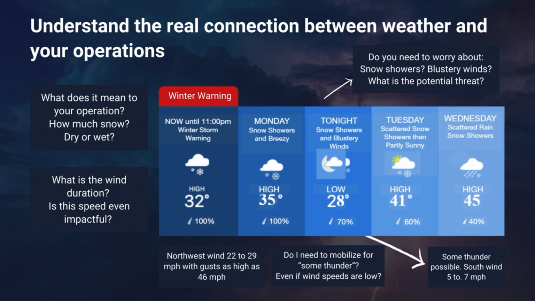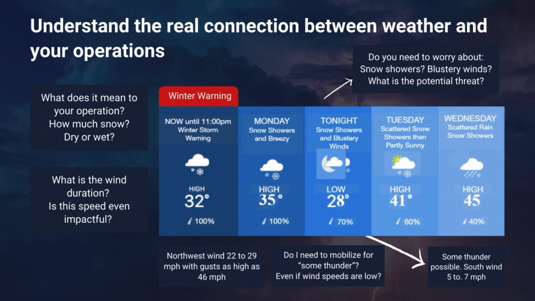Well, the real connection would be, it's nice to know, this is your typical AccuWeather forecast that, even though I had 2 meteorologists on staff, I would look at to give me an idea of what to expect.